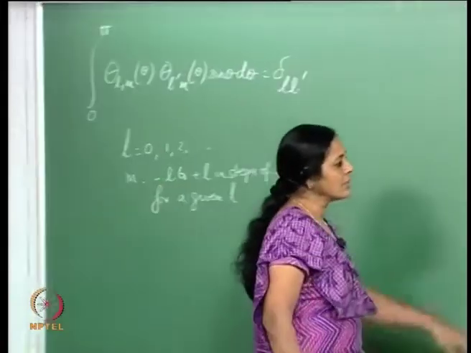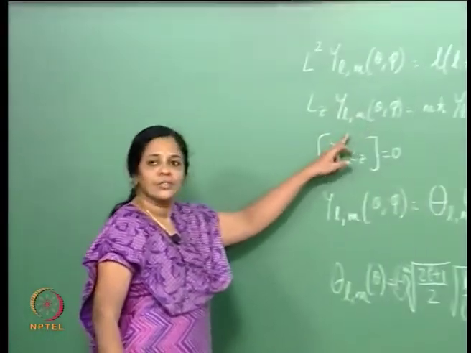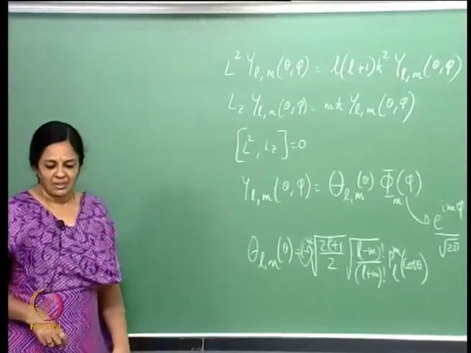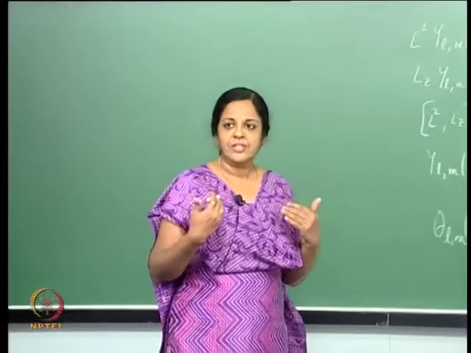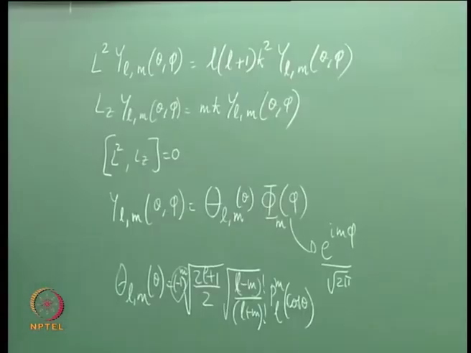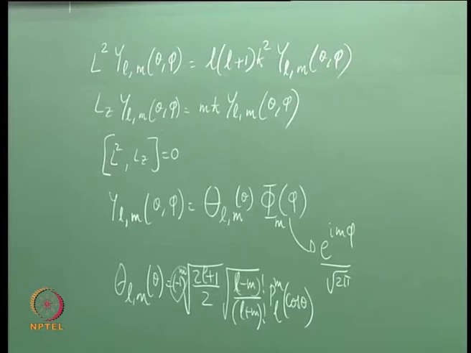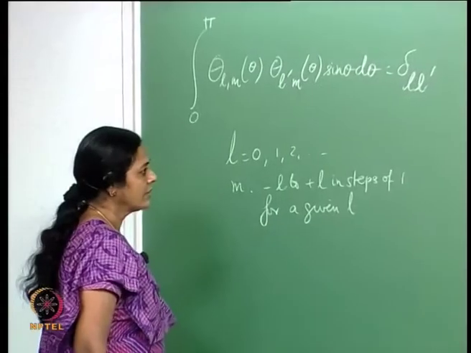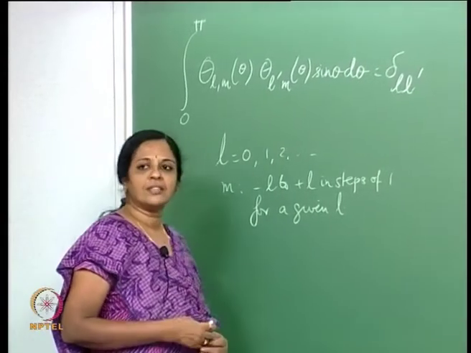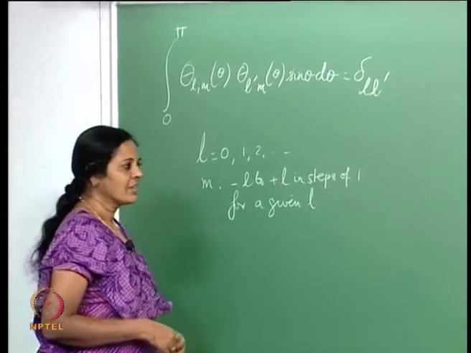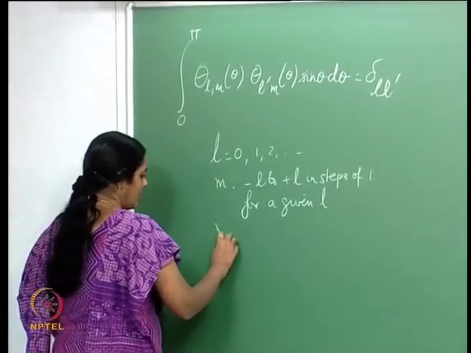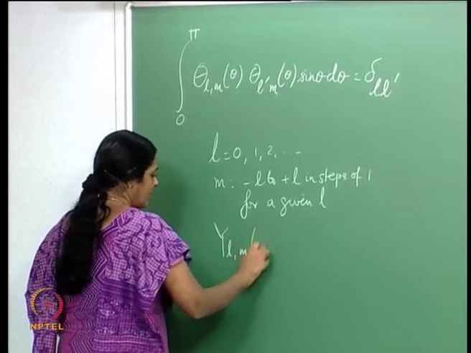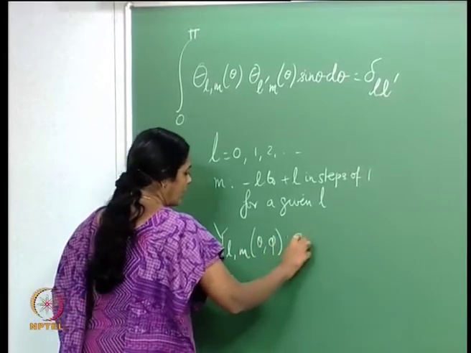And therefore, this is a complete set of wave functions that you have, and these are the various values that L and m can take. So, Y_Lm(theta, phi) is a very important angular set of wave functions. They are called the spherical harmonics.